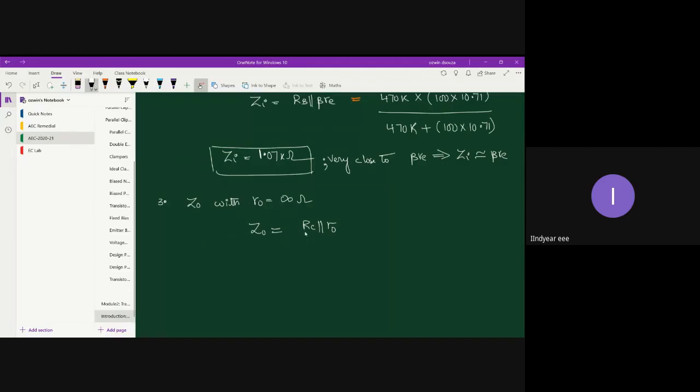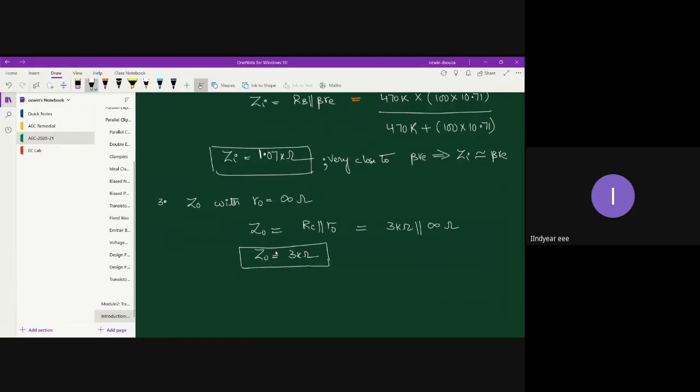That implies 3 kilo ohm is connected in parallel with an infinite ohm resistor. So what is the output impedance then? Can anyone tell me? 3 kilo ohm itself. So output impedance is 3 kilo ohm.